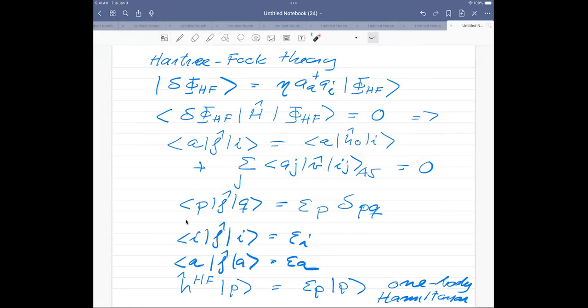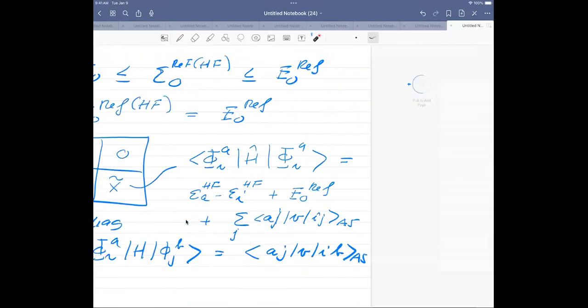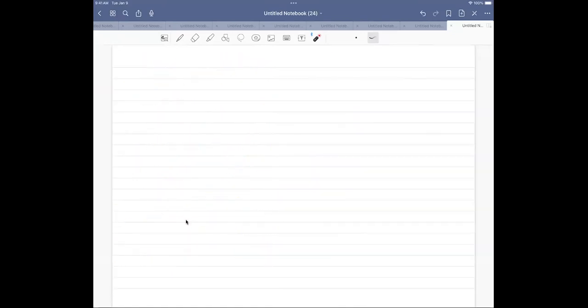The other topic which we are going to study a little bit more in detail is the equations for the Hartree-Fock stability. Before we move on, I just wanted to say something about the Hartree-Fock equations in a diagrammatic form. So let's write it down here: Hartree-Fock in diagrammatic form.